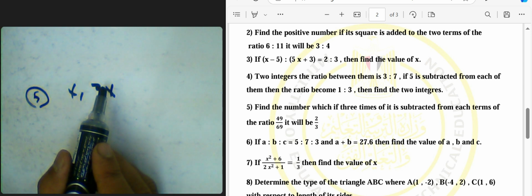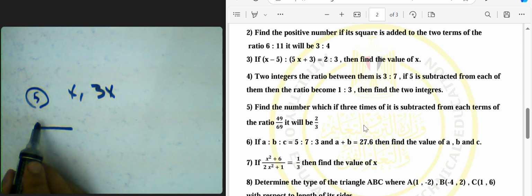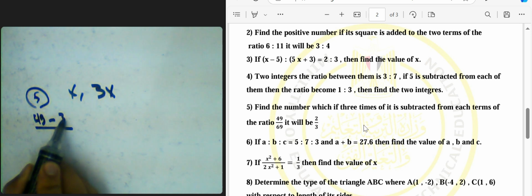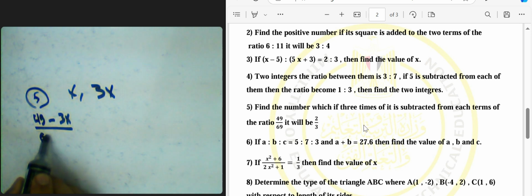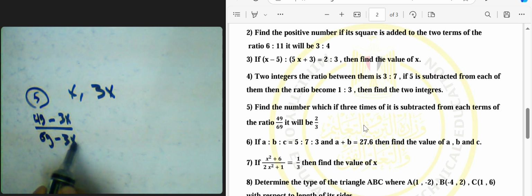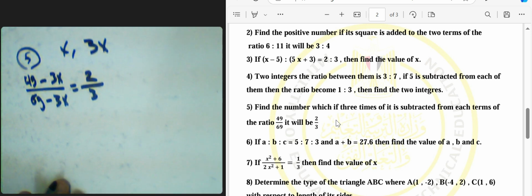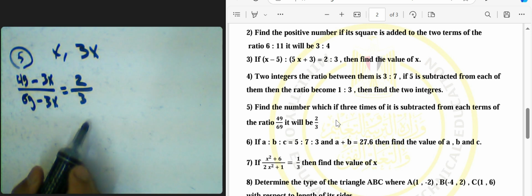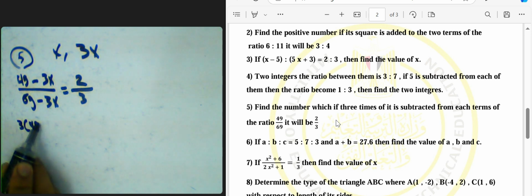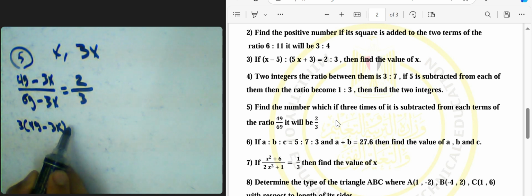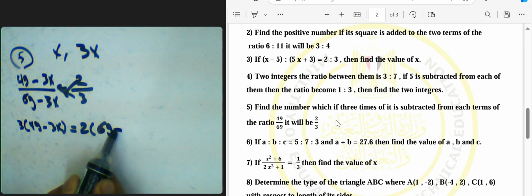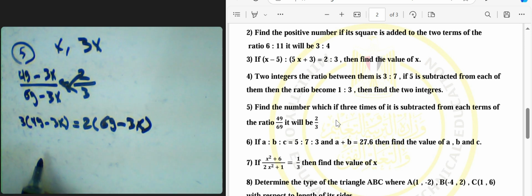If we subtract it from each term, 49 subtracted by 3x, and 69 subtracted by 3x, the result will be equal 2 over 3. And then 3 times (49 minus 3x), and 2 times (69 minus 3x).